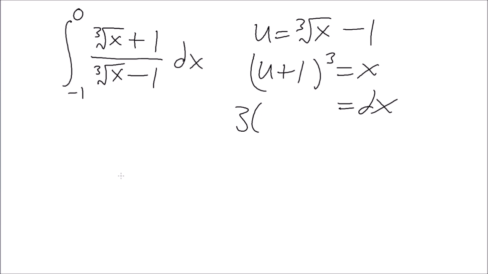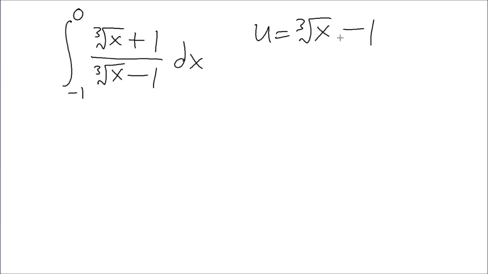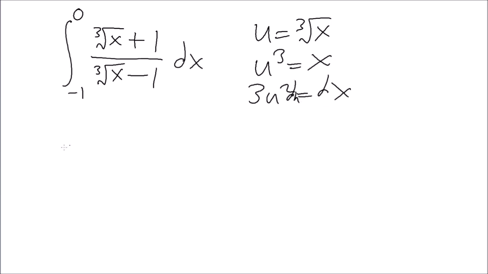So let's start small. Let's go ahead and just let u equal the cube root of x. Then u cubed is equal to x, and we get 3u squared du equals dx. If I plug in negative 1, I get negative 1. If I plug in 0, I get 0.